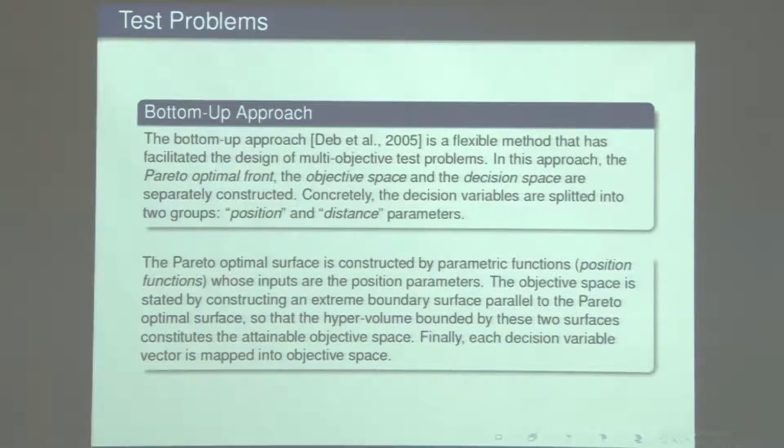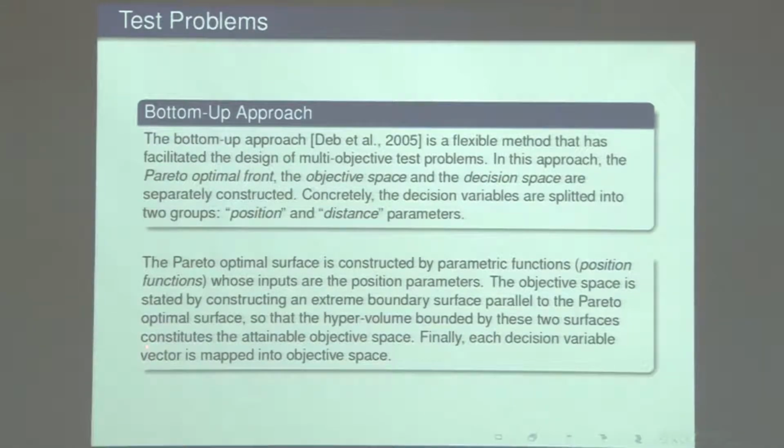And the Pareto optimal surface, the Pareto front, is constructed using parametric functions. These are called position functions that take as an input the position parameters. So this is very nice because you can have what we call a closed form. So you have an equation that generates the Pareto optimal front. So you don't have to generate this by brute force.